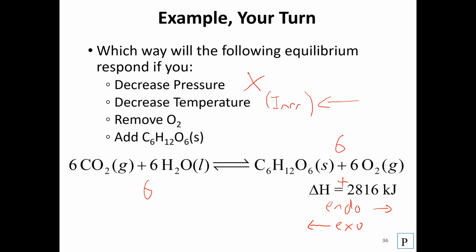Remove oxygen. Okay, this one's pretty basic. If we remove oxygen, it's going to try to replace it. It's going to try to increase it. How do we increase oxygen? We shift towards that side. Oxygen's a product. To make more, we shift to the right.